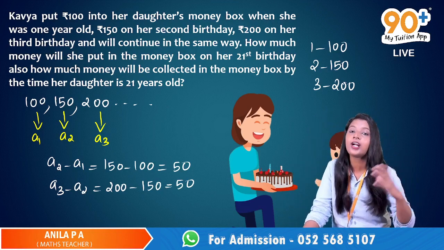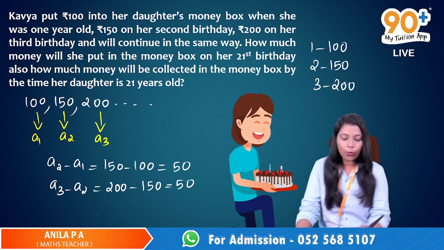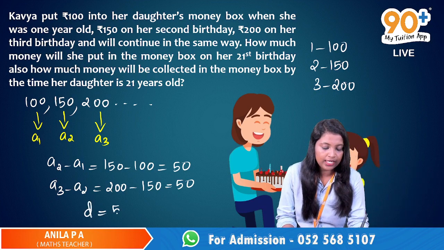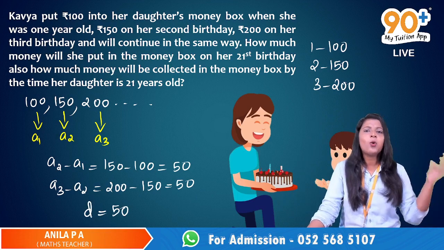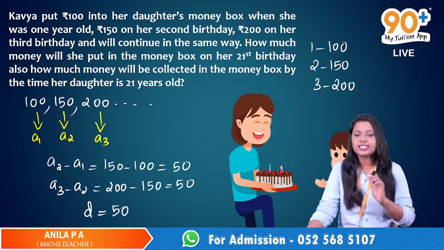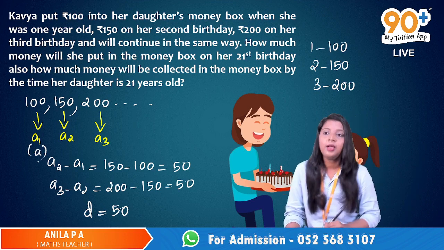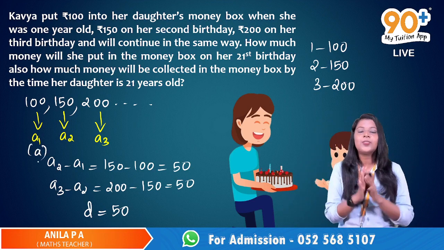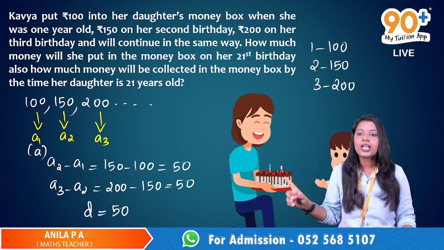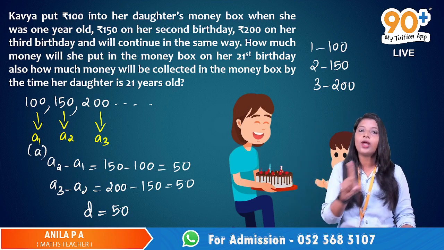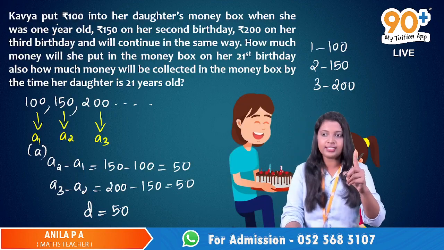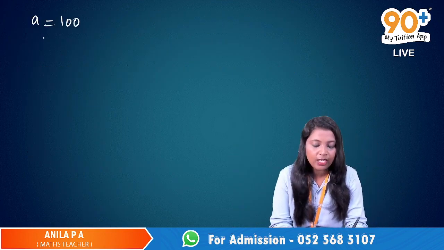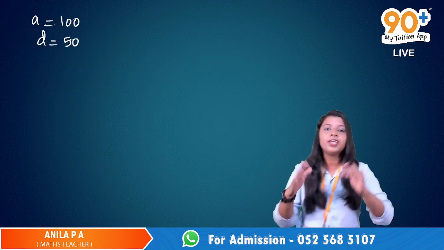It has got a common difference, or we call it D. So here D is equal to 50. Usually we call the first term A. This is A1, but we call it A. So this is an AP with A equal to 100 and D equal to 50.